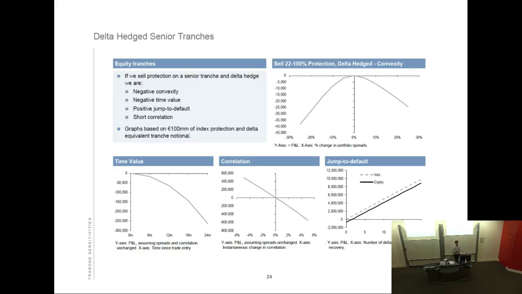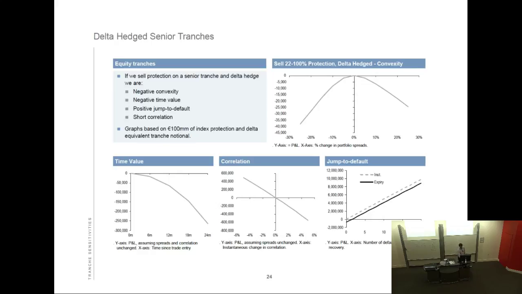So you're short correlation, you have negative convexity, you have negative time value, but you own jump. Okay? So lots of things going on with the delta hedged tranche trade. So it's not a linear trade by any means.